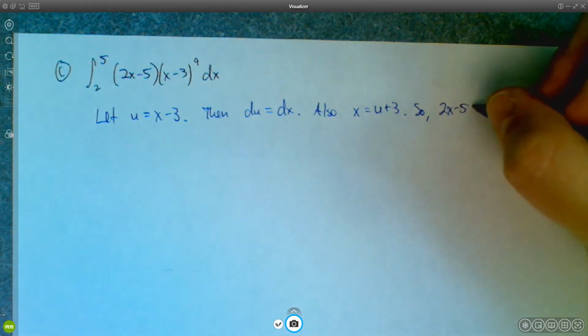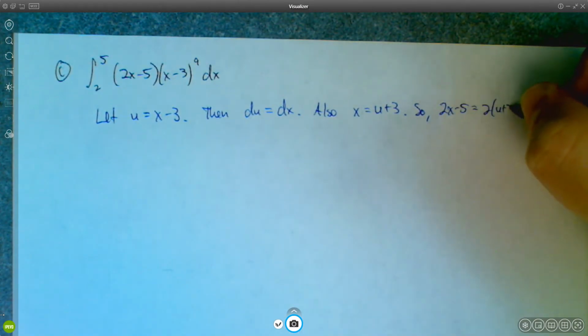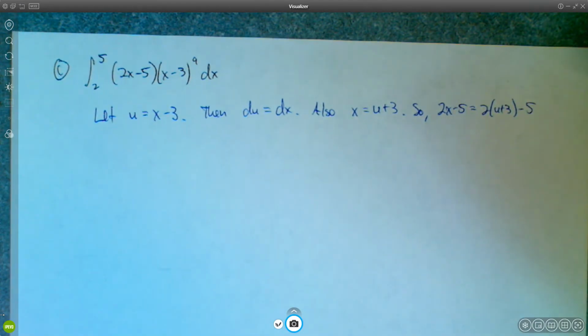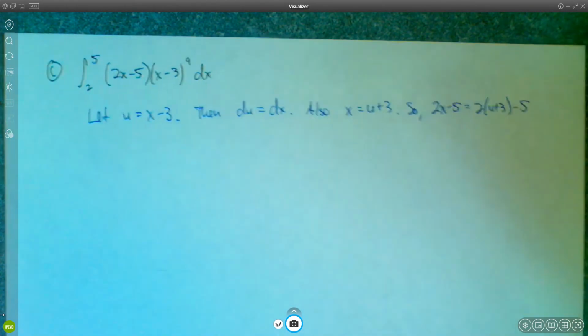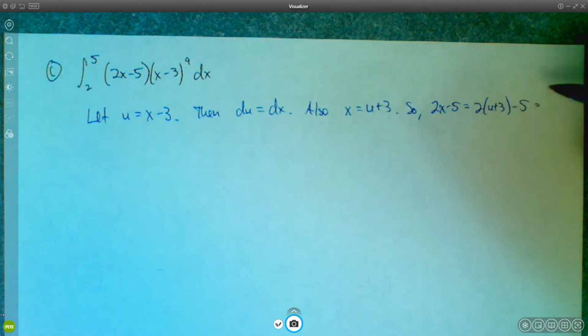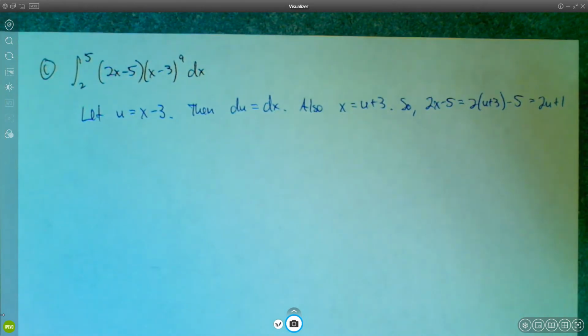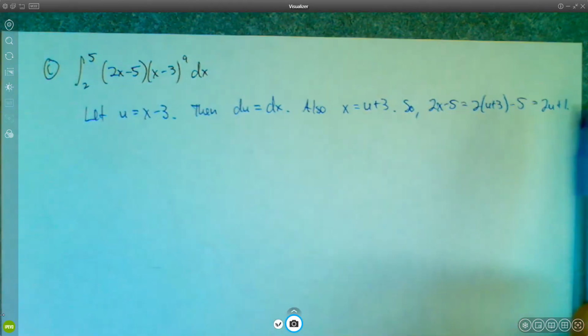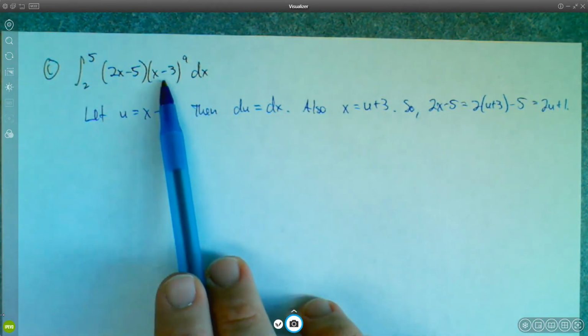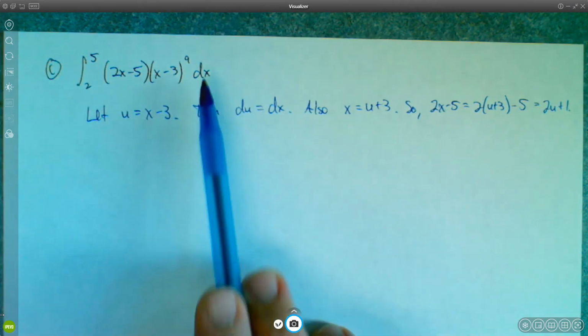So 2x minus 5 would equal 2 times u plus 3 minus 5. Okay, that's going to be 2u plus 6 minus 5. 6 minus 5 is 1, so it's going to be 2u plus 1. Okay, so I can replace 2x minus 5 with 2u plus 1, and I can replace x minus 3 with u, and I can replace dx with du.